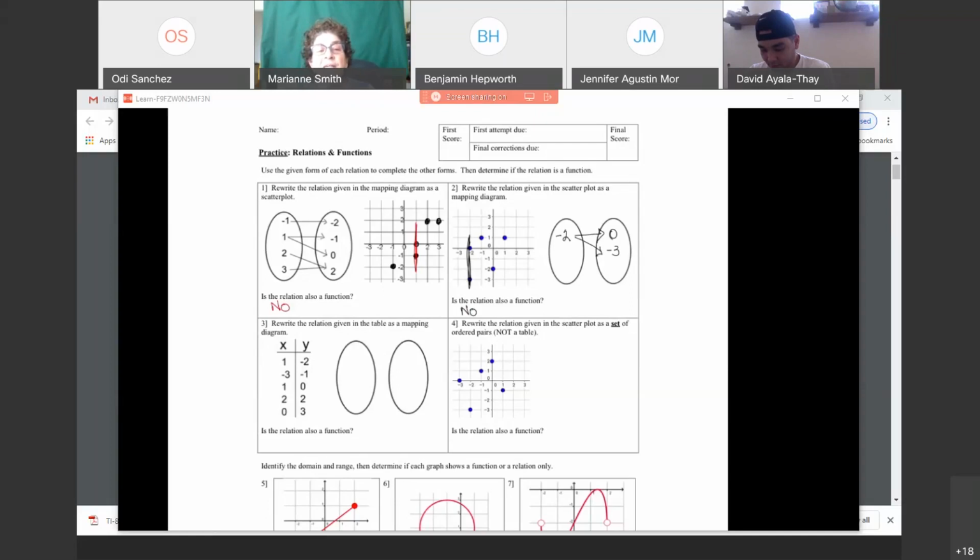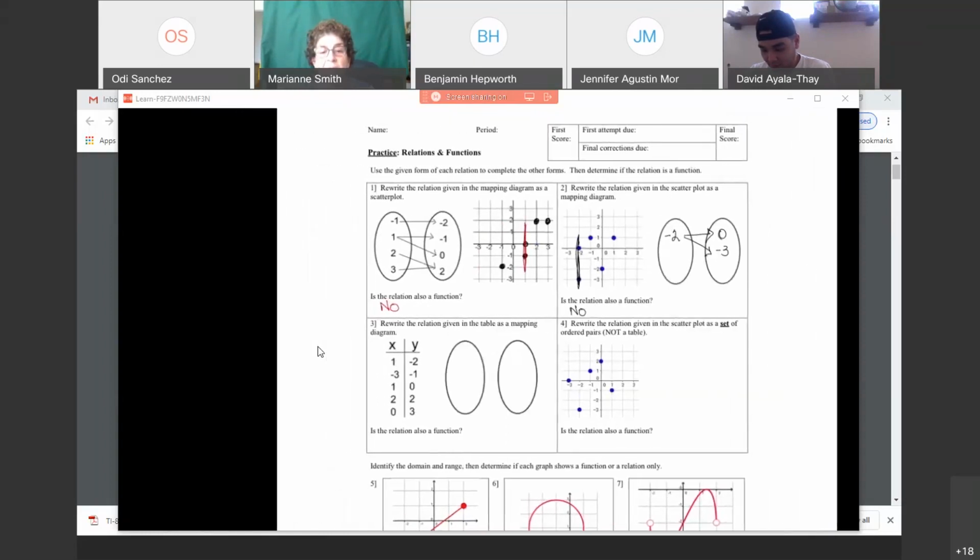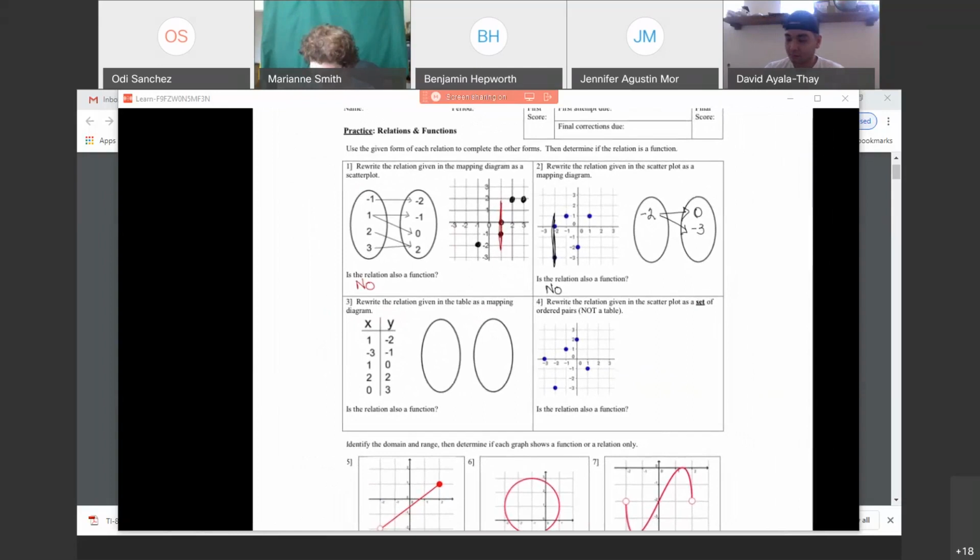If you take a look at number 3 over here, okay, the trick, if you think about looking at these diagrams over here, trick is to look for repeated x values, okay? If I look at this over here, I don't see any x values that go to 2 different y's because all the x values are different, okay?